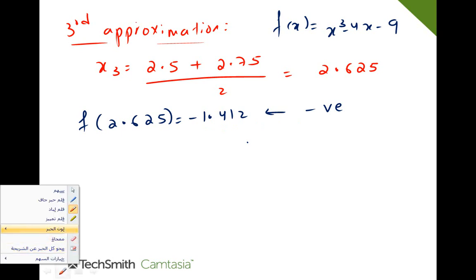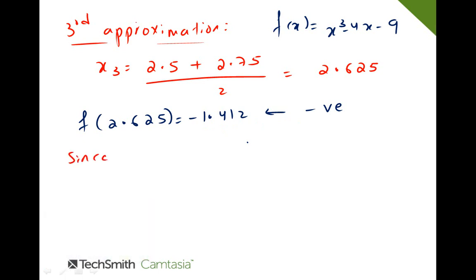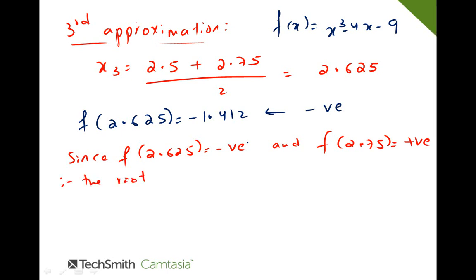So here I'll write my notes. Since f of 2.625 is negative and f of 2.75 is positive, then the root lies between 2.625 and 2.75.